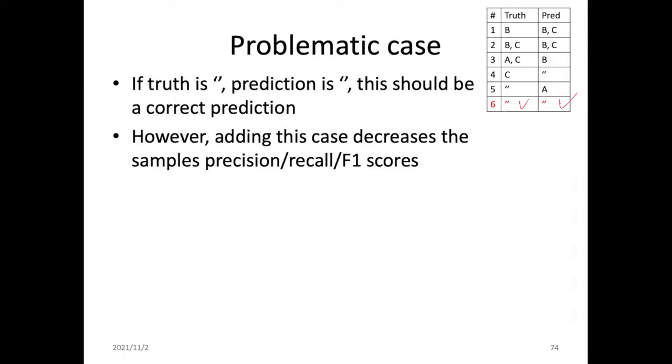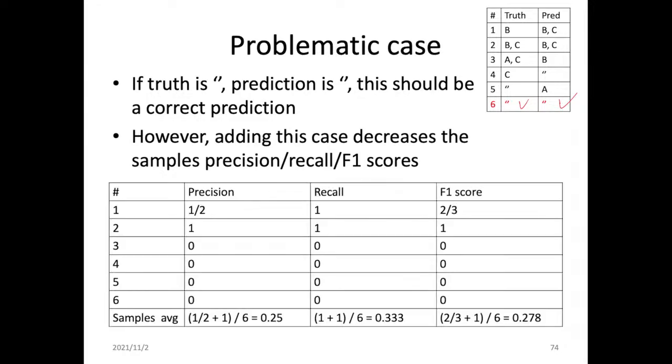But if we use our previous definition, the precision, recall, and F1 score for this 6th instance will all be 0. And then the simple average of precision, recall, and F1 score would of course become smaller. So this is obviously incorrect.